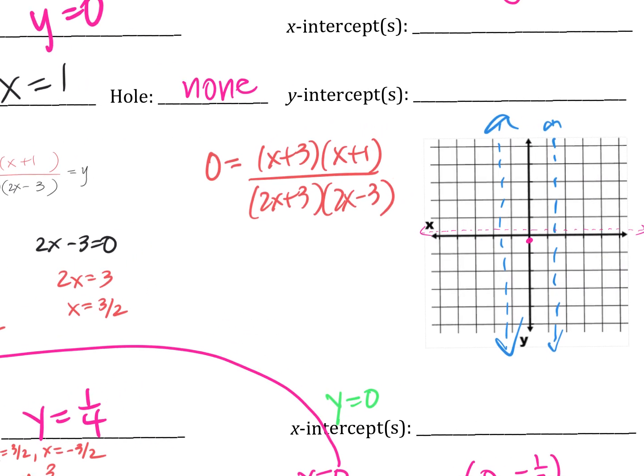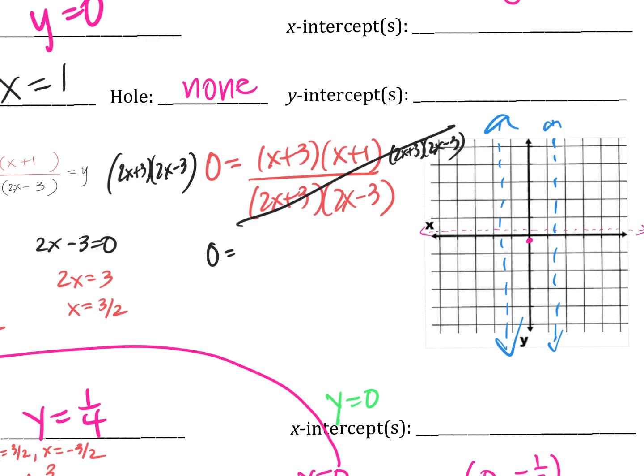Do you agree multiplying by this denominator is going to be annoying to write? 0 times anything, 2x plus 3, 2x minus 3, 0 times anything gets me what? 0. Do I really have to write 2x plus 3, 2x minus 3 over here? Here's what we got. Do you agree we're at 0 equals x plus 3 times x plus 1?